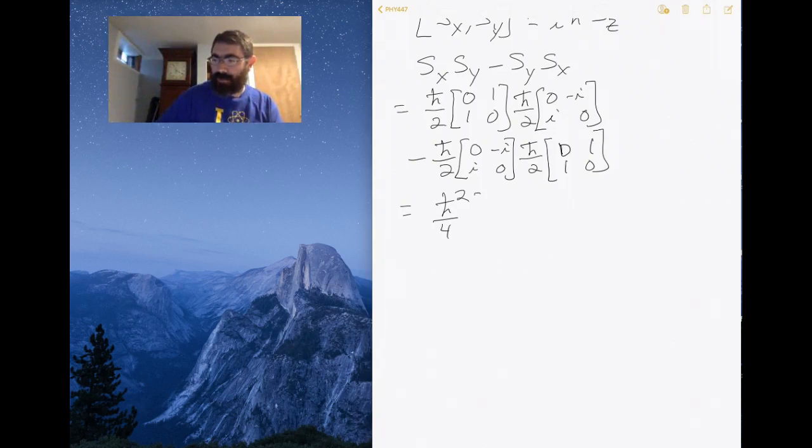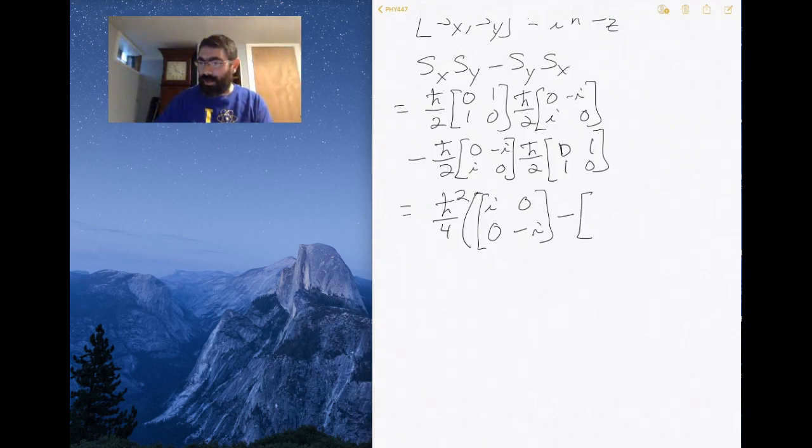Okay, so now if I work this out, I can factor out an h bar squared over 4 out of everything, and then I multiply the matrices. If I do row column multiplication, I get i, 0, 0, minus i. And if I work out the second line, I get minus i, 0, 0, i.